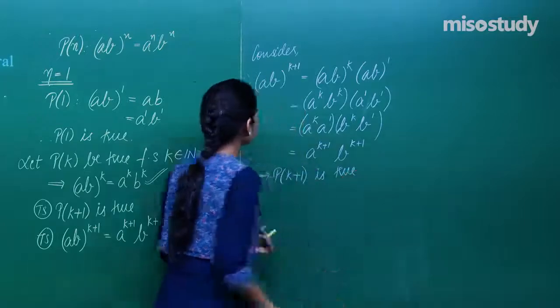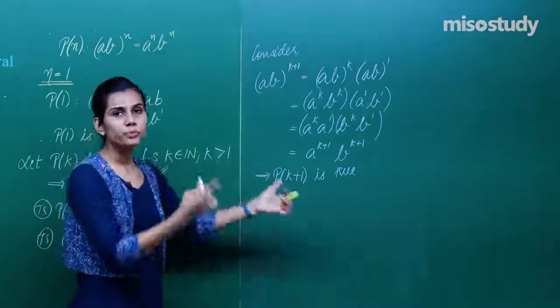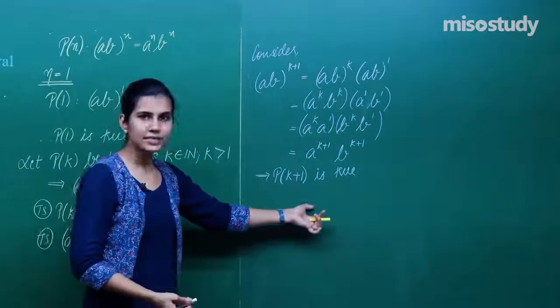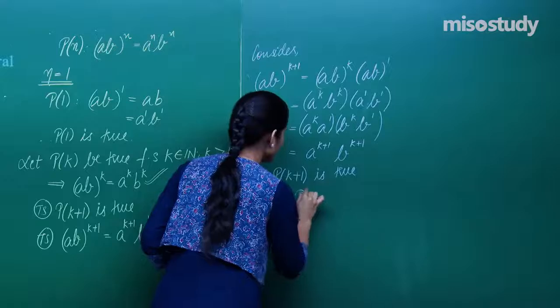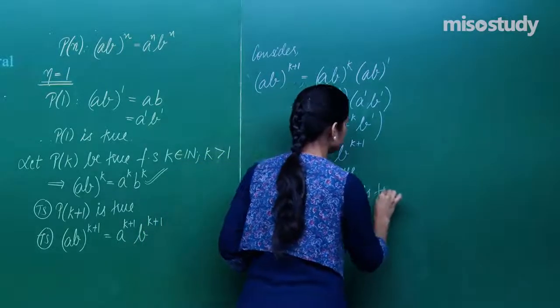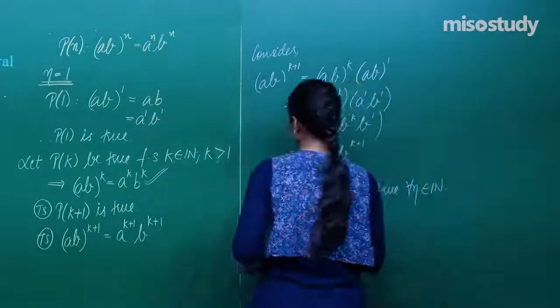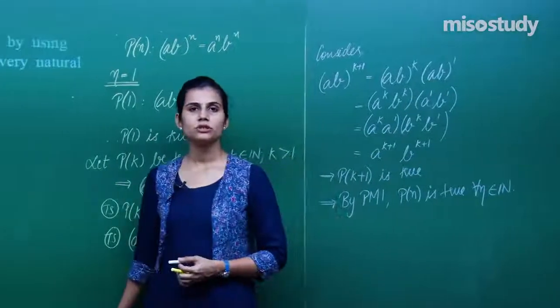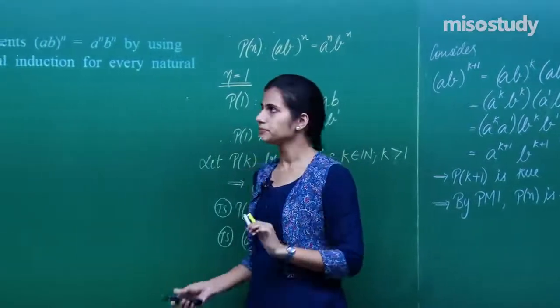If P1 is true, assumed Pk true to prove Pk plus 1 is true, and that is established. This implies by the principle of mathematical induction, Pn is true for all n in N. It is true that (ab) whole to the power n is a to the power n into b to the power n whenever n is a natural number.